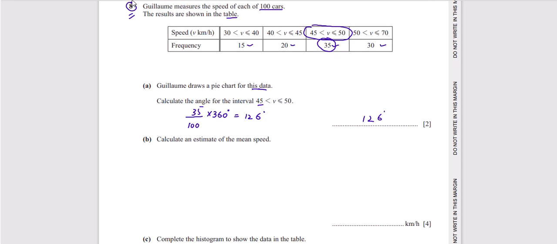Now the second one is calculate the estimated mean speed. First of all, we write the formula of mean.